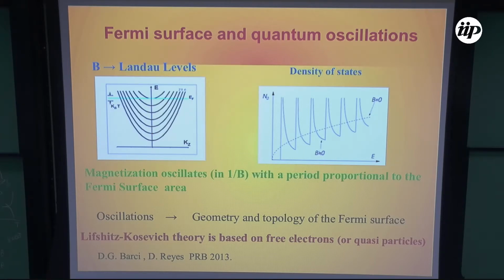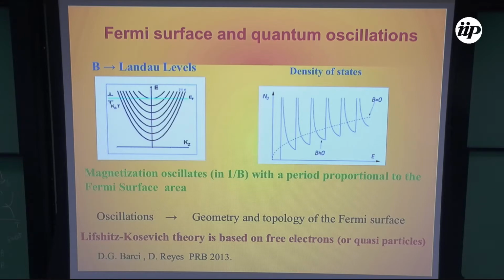And this is why we can get information about the Fermi surface, because what people do is essentially take your sample, put your magnetic field, look for the oscillations, and measure the period, and change the orientation of the magnetic field, so you have information about the areas of the surface, and try to reconstruct with just a tomographic technique the Fermi surface. And these are the beautiful pictures that you see in the papers.